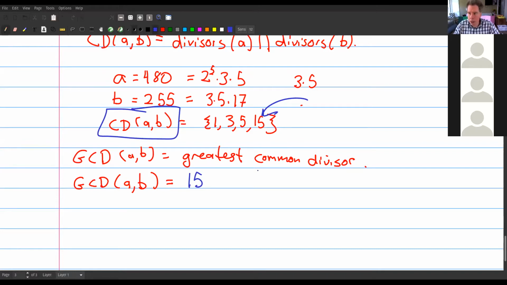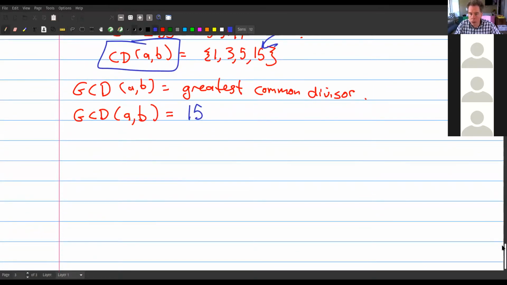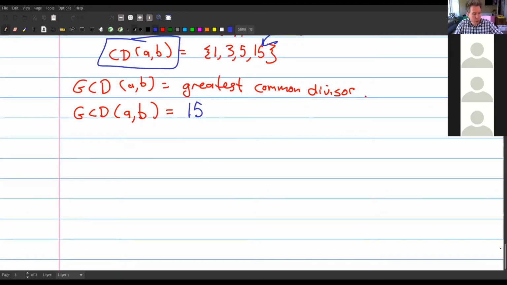So you guys have spent a lot of time in 204 talking about common divisors. So some of this is going to be a little bit of a rehash. What algorithm do you use to find common divisors? Yeah, the Euclidean algorithm. That's right. But there are other algorithms.